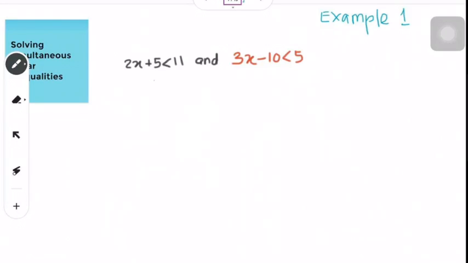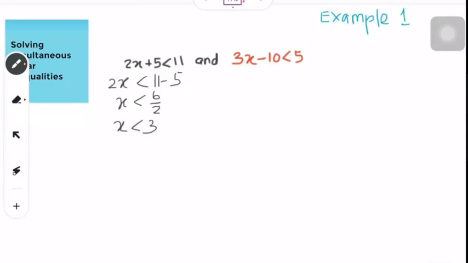First, let's do the black ink. So 2x is less than 11 minus 5. So x is less than 11 minus 5, which is 6, so 6 over 2. So x is less than 3.